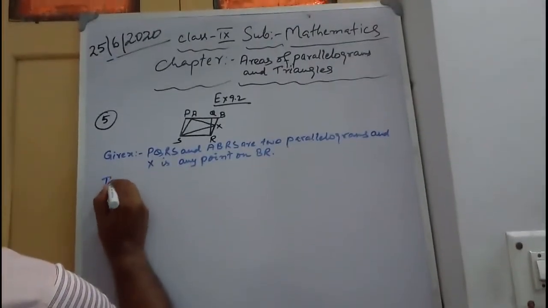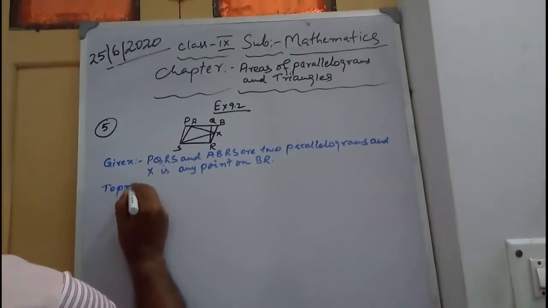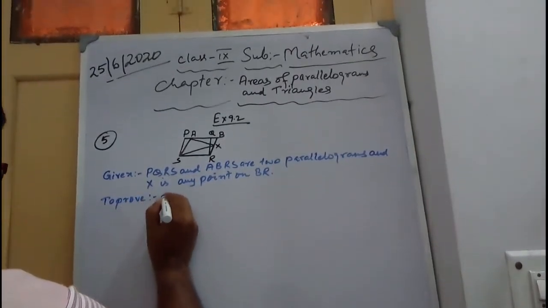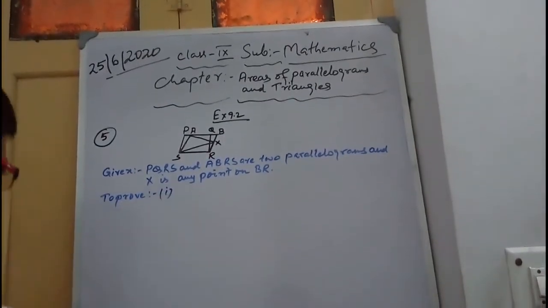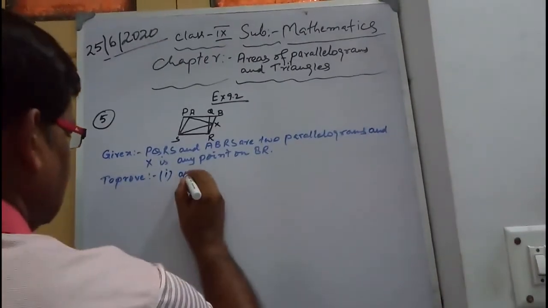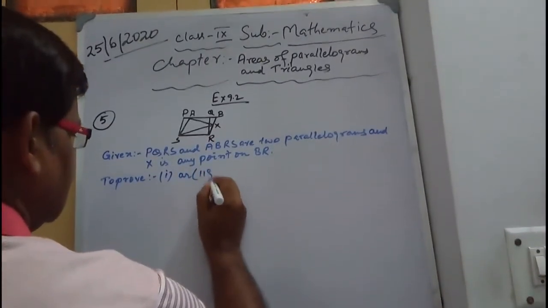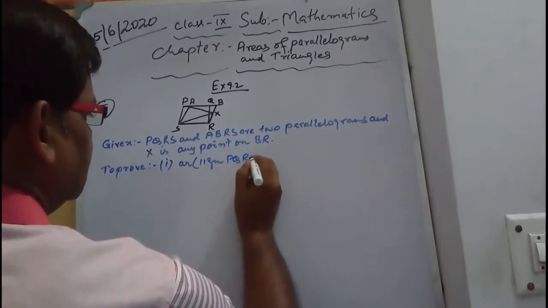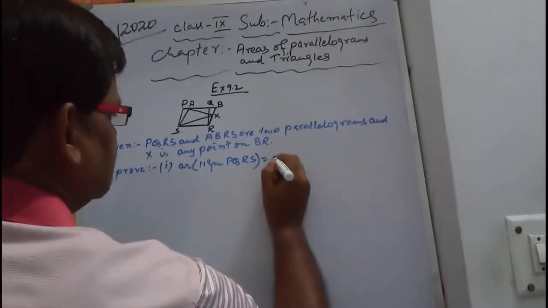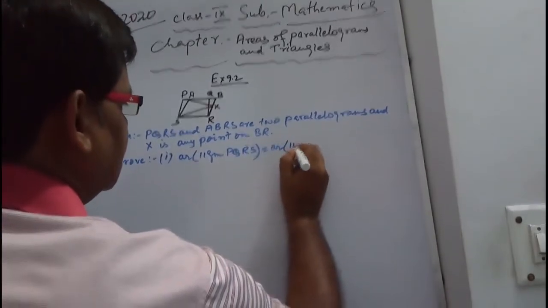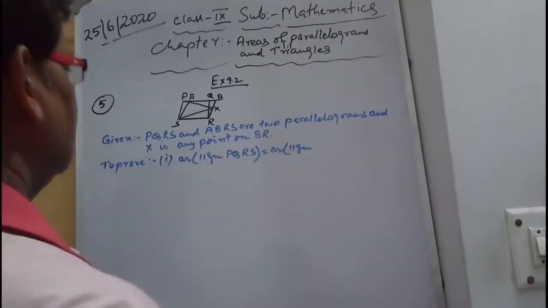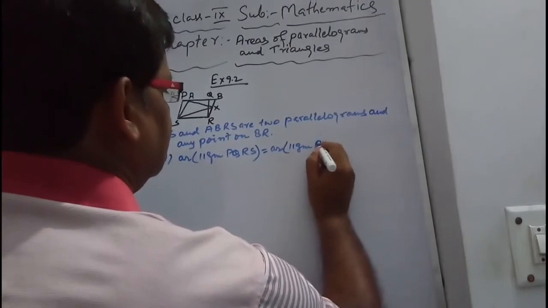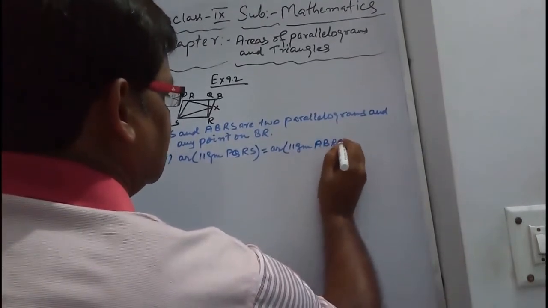So to prove number 1, area of parallelogram PQRS is equal to area of parallelogram ABRS.